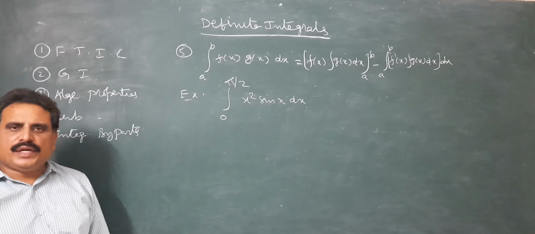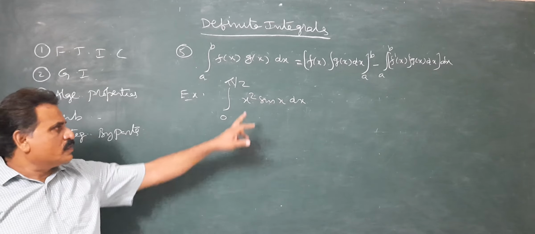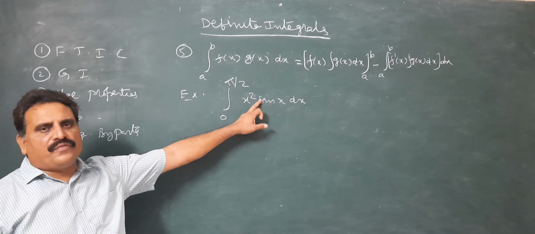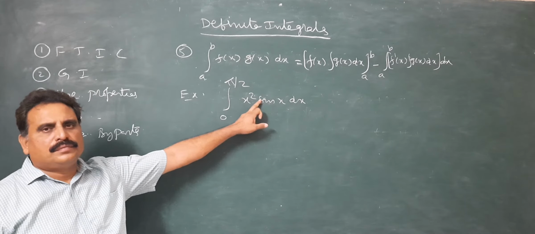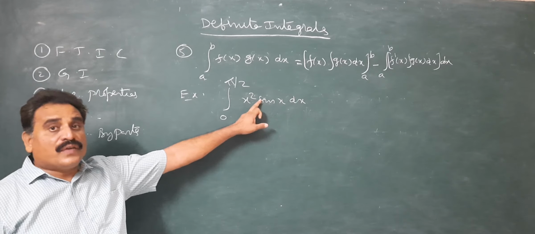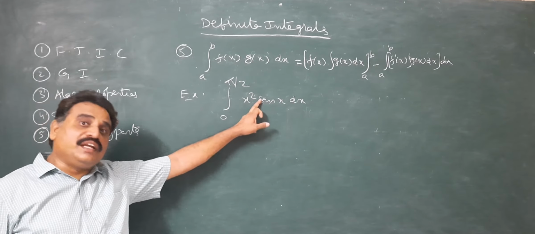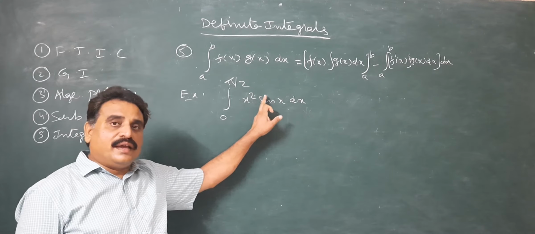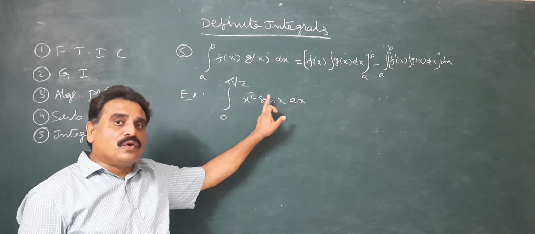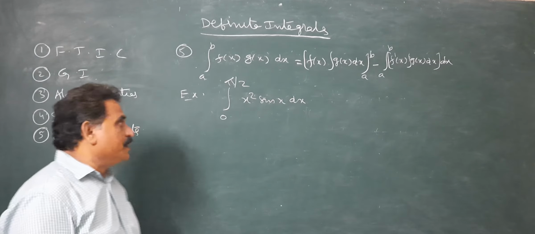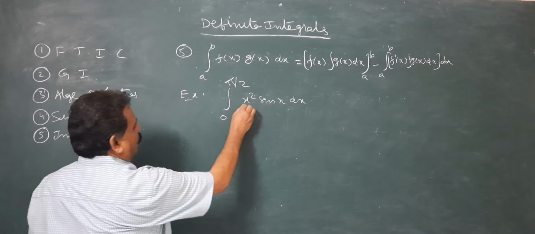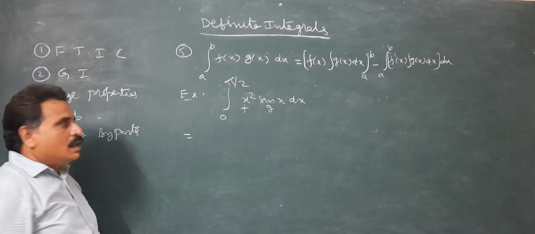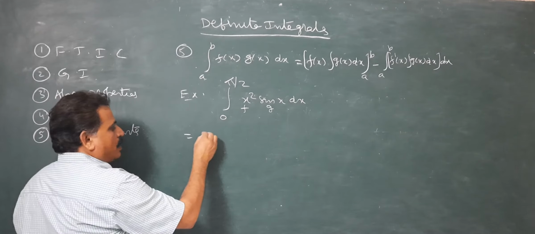Which one is g(x)? X square is an algebraic function. Sin x is a trigonometric function. A is before T in ILATE. So it is f and it is g. Now apply the formula, integration by parts.